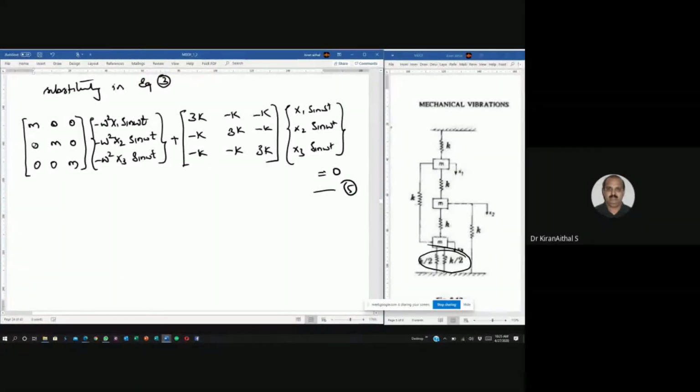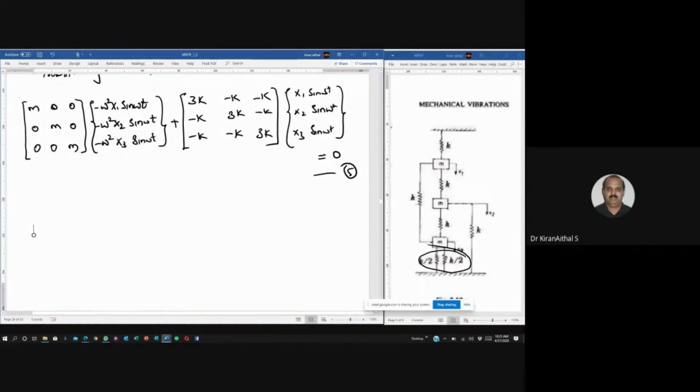So once I got this equation, I have to merge this. The equation will now be 3k minus m omega square. Correct or not, Baba? 3k minus m omega square. That becomes the first diagonal element. Then I go for the other diagonal.